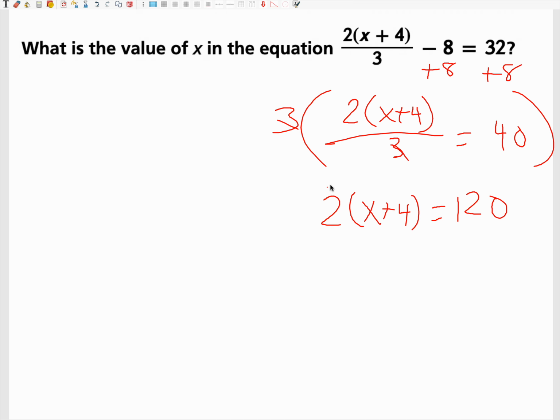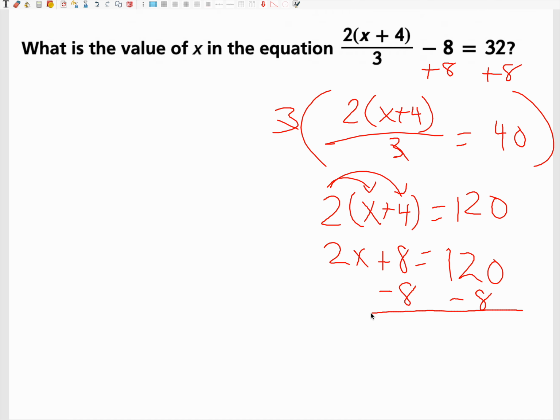Nothing wrong with that. So 2 times x is 2x. 2 times 4 is 8. Plus 8 equals 120. Now what? Minus 8. 2x equals 112, almost wrote 102, 112. Then divide by 2 is our last step, so x equals 56.